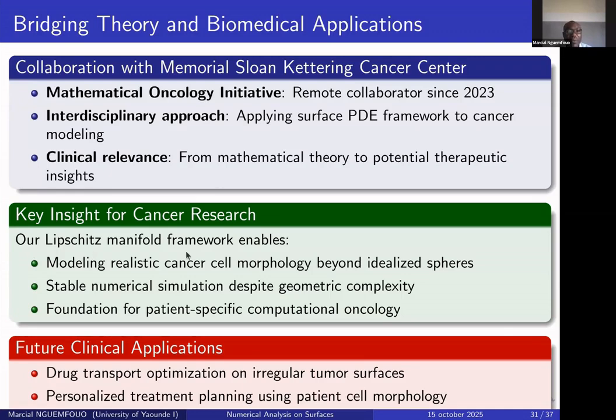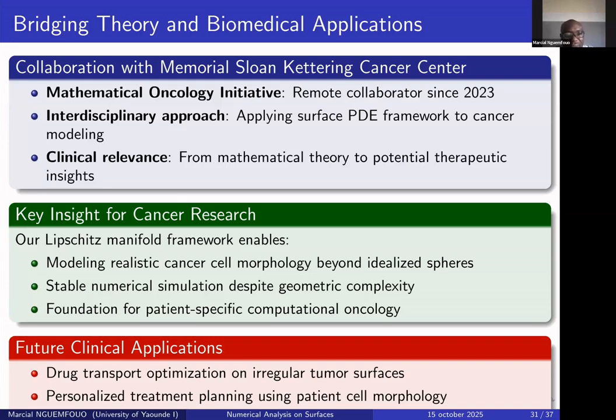Our Lipschitz manifold framework enables modeling realistic cancer cell morphology beyond idealized shapes, with stable numerical simulation despite geometric complexity, a foundation for patient-specific computational oncology. As I say, I am open for collaboration because in this domain, I have started at least 5 papers.